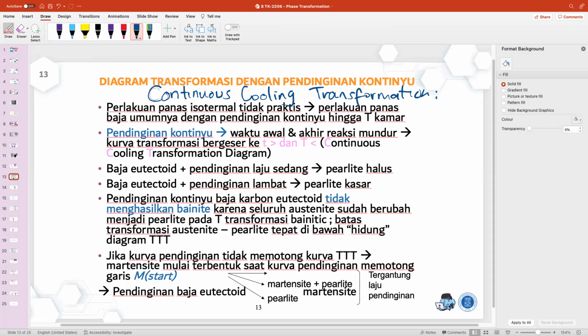Okay, so it's also written here. The heat treatment of isothermal is not practical, because we have to quench and then hold it for some time and then cool it down. So in the industry, the one that we often see is actually continuous cooling, or heat treatment with continuous cooling. So what is the continuous cooling transformation?